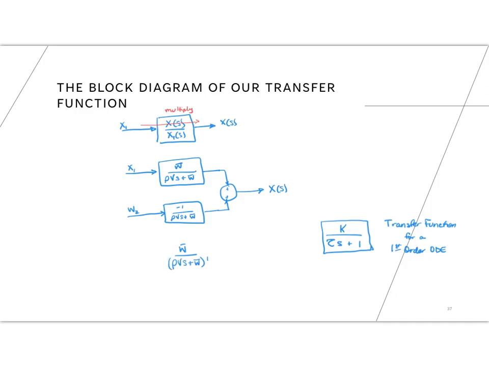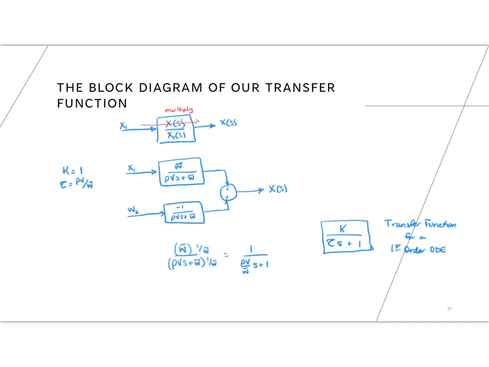If I divide the numerator and denominator by w bar, I'm going to end up with 1 over rho v over w bar s plus 1. So for x1, the k value is 1, and the tau value is rho v over w.